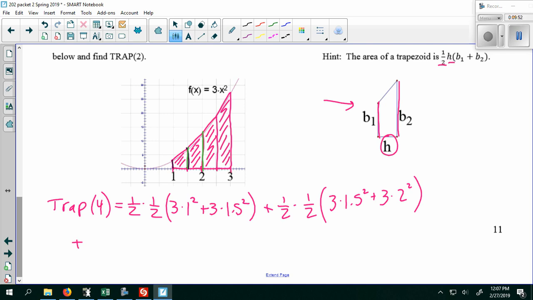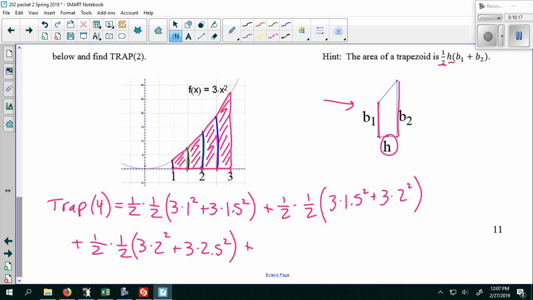My third trapezoid, plugging into the formula, 1/2 times h, which is 1/2, times base 1 plus base 2. This is base 1. This is base 2. Those are function values of 3x squared when I plug in 2 and 2.5. So 3 times 2 squared plus 3 times 2.5 squared.